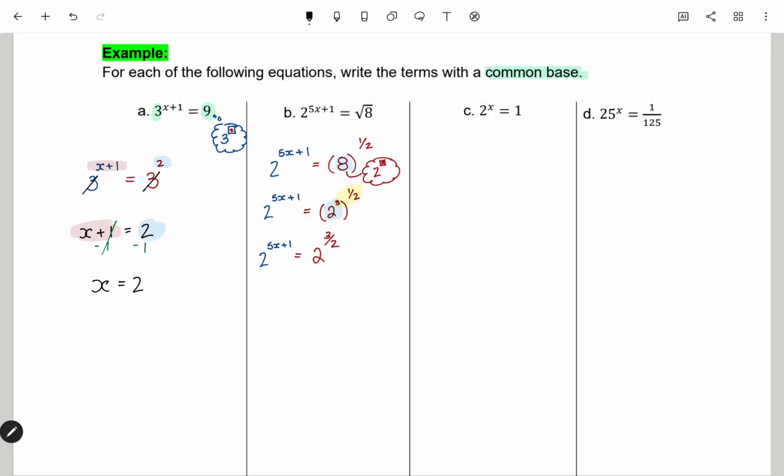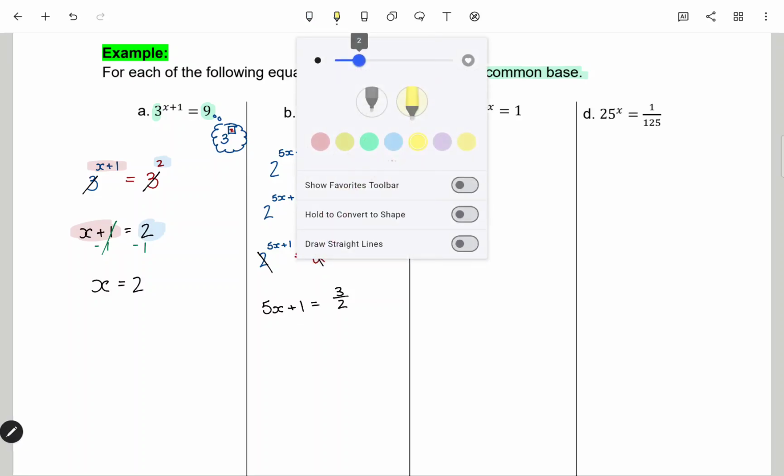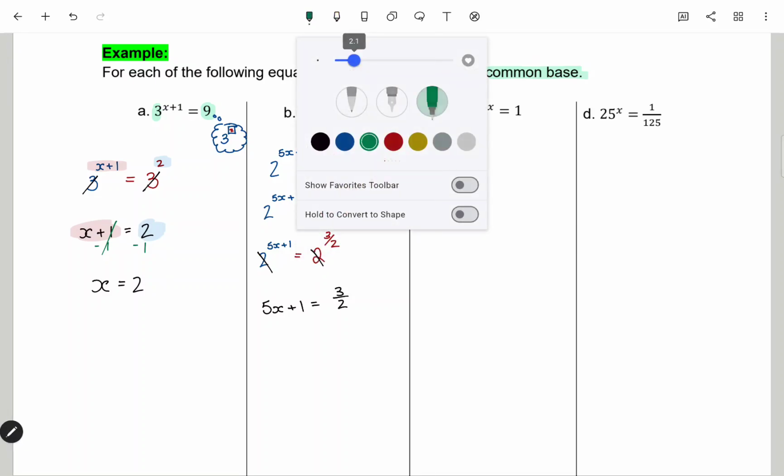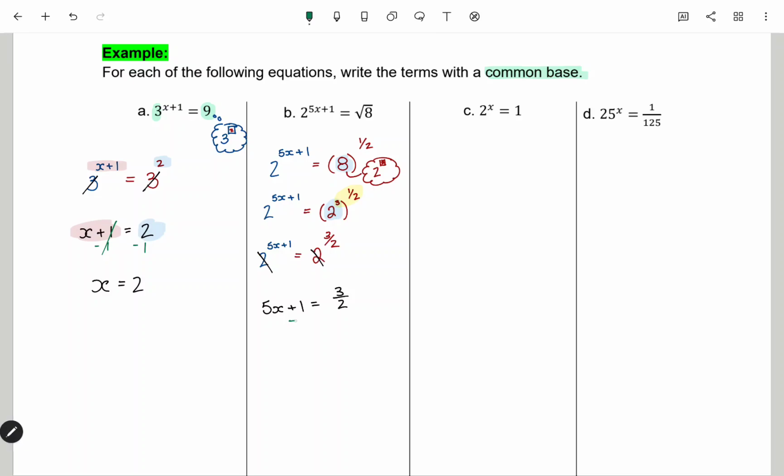Now that we have the bases the same, we have to work with the exponents, make the exponents the same. So we're going to ignore our bases and say 5x plus 1 is equal to 3 halves. Now we're just back to simple algebra. Subtract 1 from both sides.